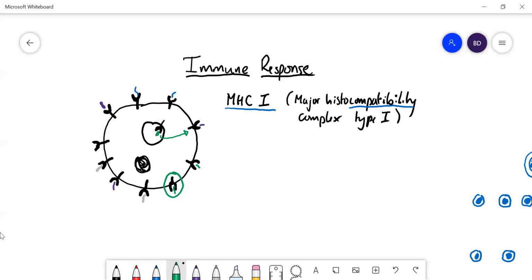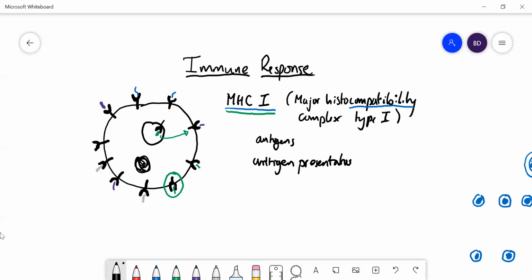And so what you end up with is lots of these MHC class 1 molecules with little bits of peptides stuck in them. And those little bits of peptide are called antigens. And this whole process is called antigen presentation.